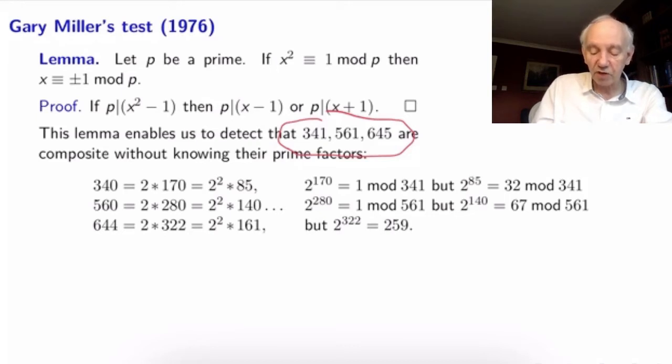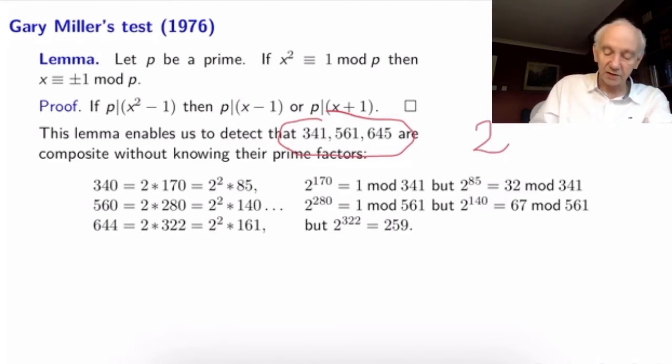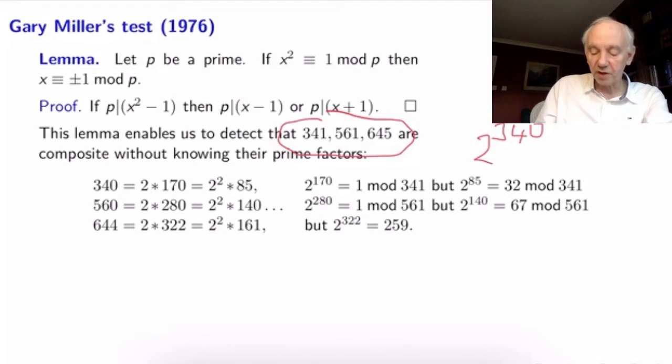The first one, for example: we were doing base 2. So Fermat's little theorem to base 2 tells us that 2 to the n minus 1, that's 2 to the 340, as if 341 were prime, is equivalent to 1 mod 341. That's what Fermat's little theorem tells us.